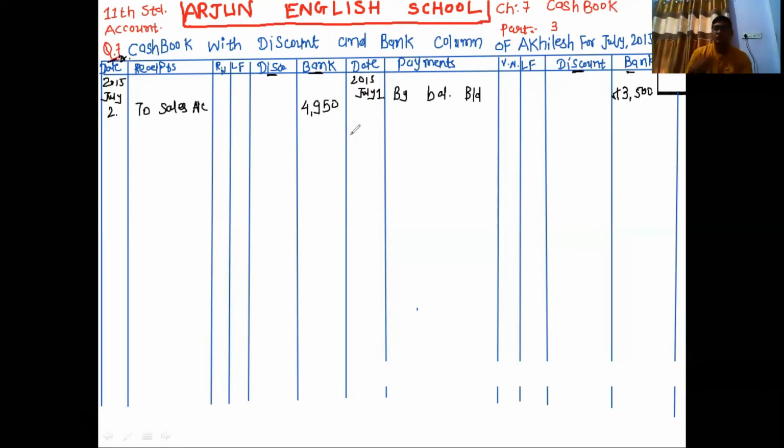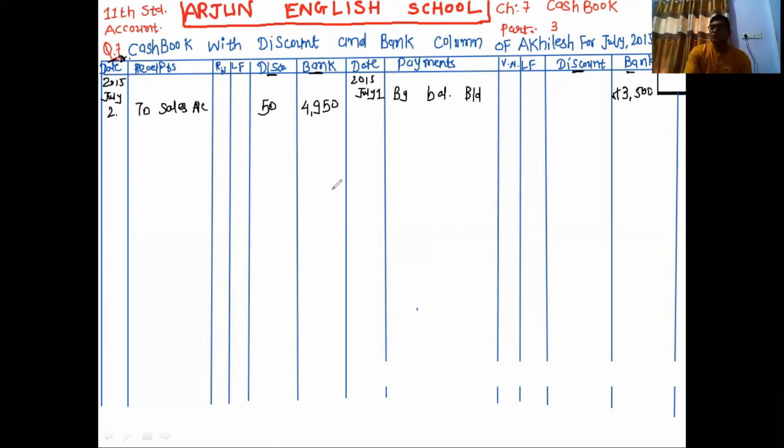But we sold the goods for 5,000 and the customer has given a check of 4950. It means he has paid 50 rupees less, so it is a discount, and in the discount column we have to write down 50.